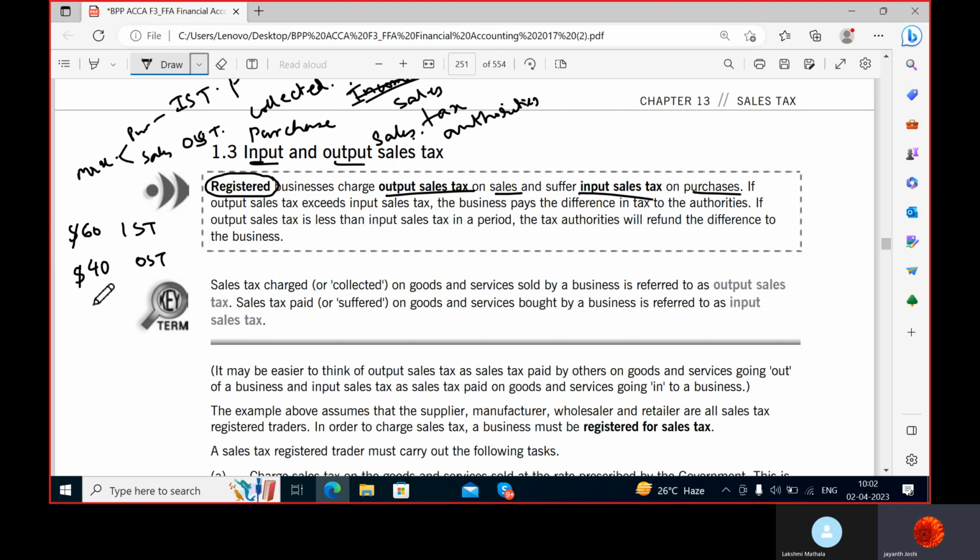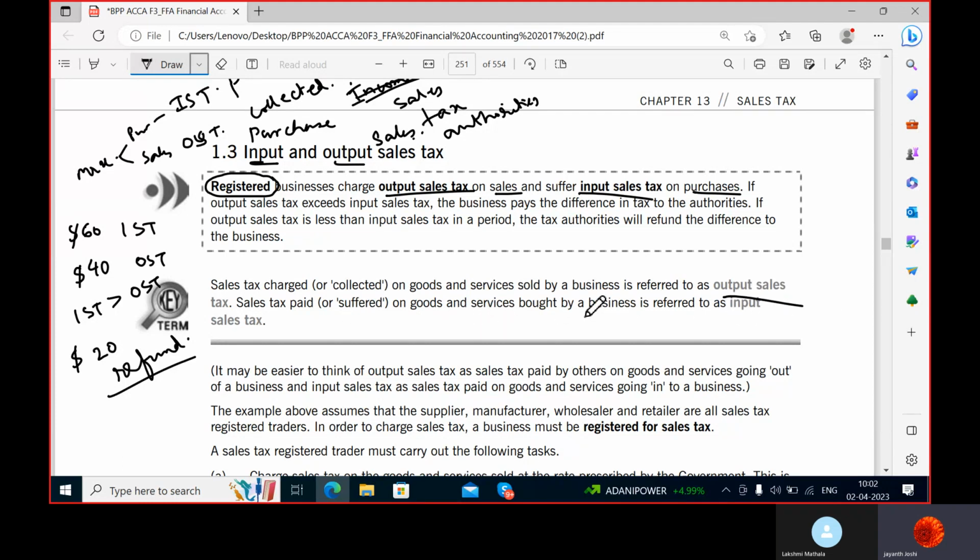So what we can see from this, input sales tax is more than output sales tax. So in this scenario, we will get a refund of $20 from the tax authorities. Clear? Yes, ma'am.